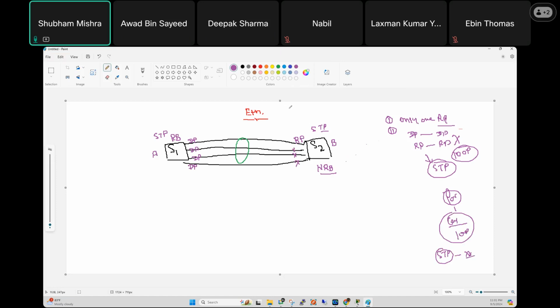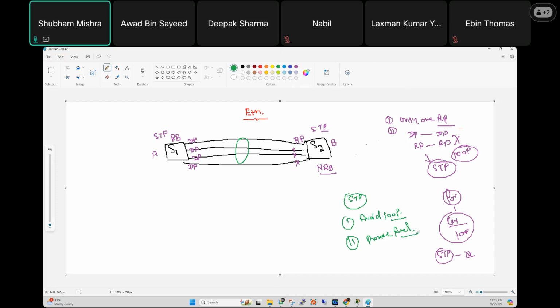Yes or no? Yes. So that's the reason, if you remember, I told you the main use of STP. Not only to avoid the loop, because everyone knows that. This is the traditional use: STP avoids the loop. This is true, there is no problem. But STP also provides what?